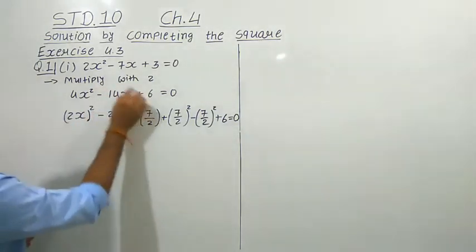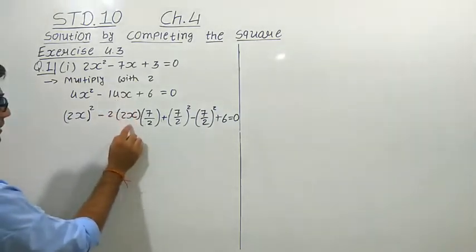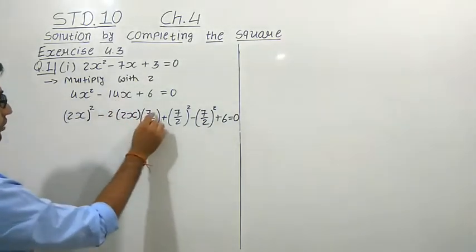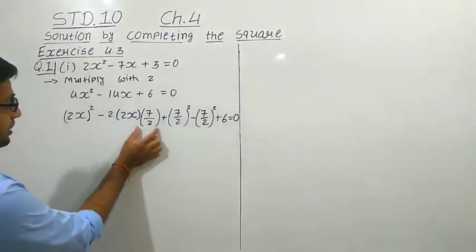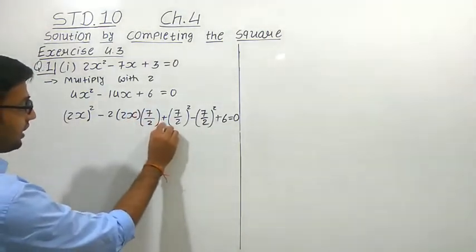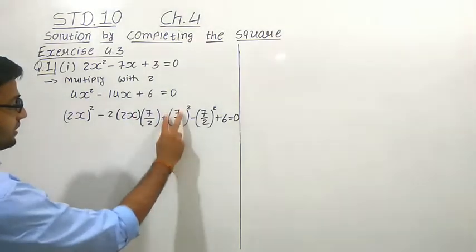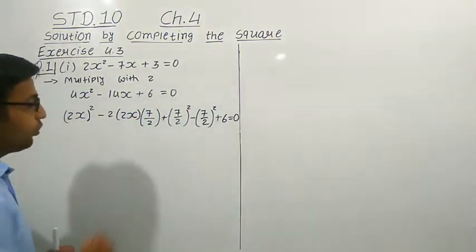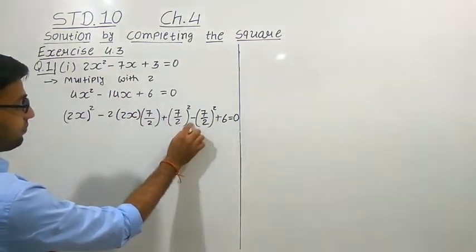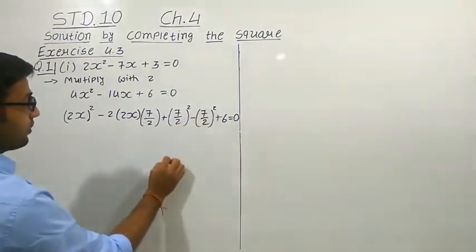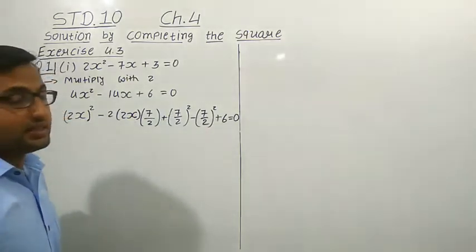Now we have to check how we can make the 14x here. To make the 14x here, we have to multiply by 7 and divide by 2. So by doing this, we get our second term, that is 7 by 2 whole square. As we add this term, we also subtract 7 by 2 whole square, and this plus 6 remains as it is.